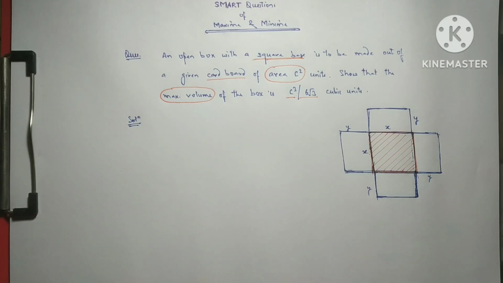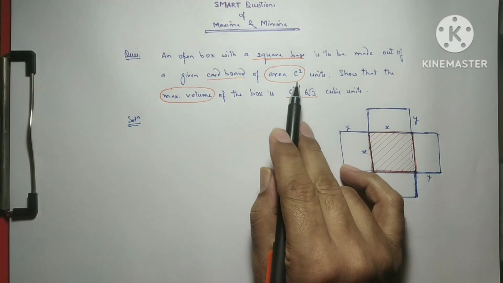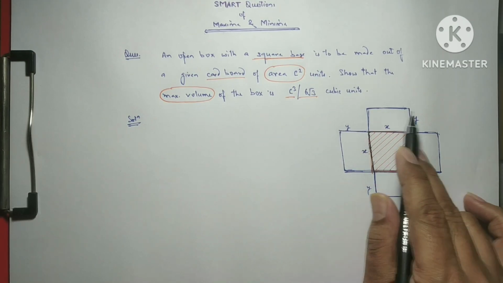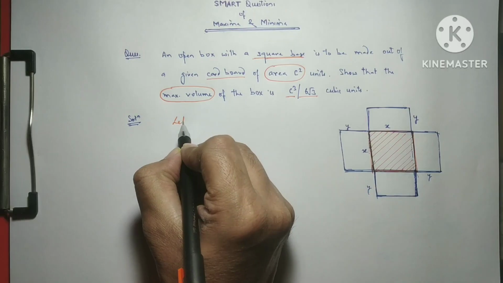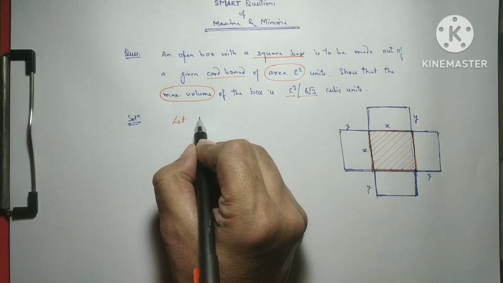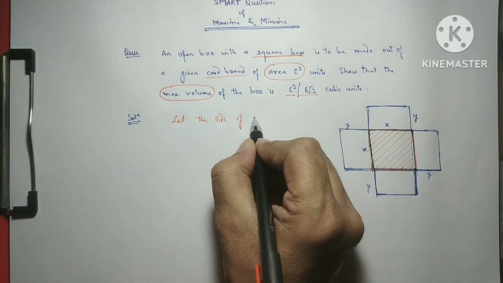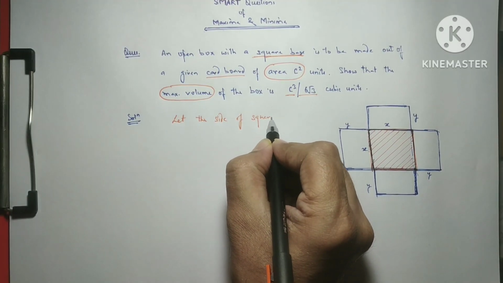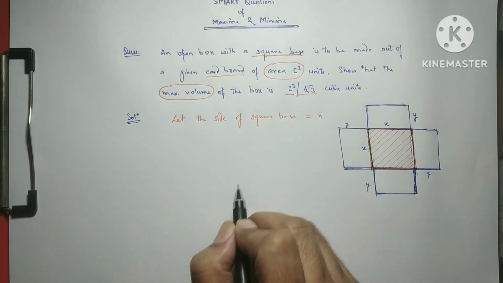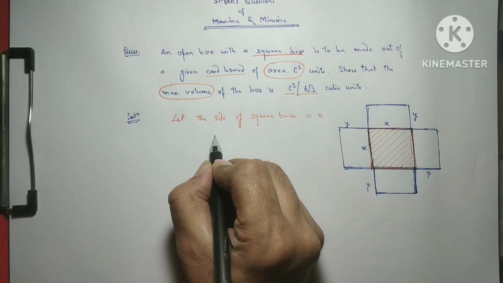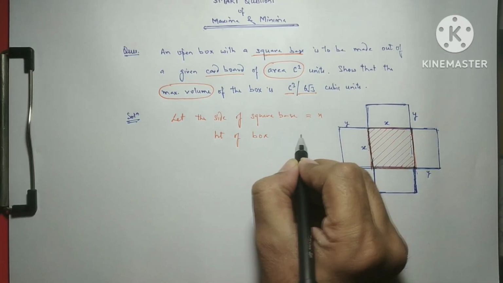So according to this, the total surface area of the box is c square, and according to these dimensions, let us consider the side of the square base of the box is x and the height of the box is y.